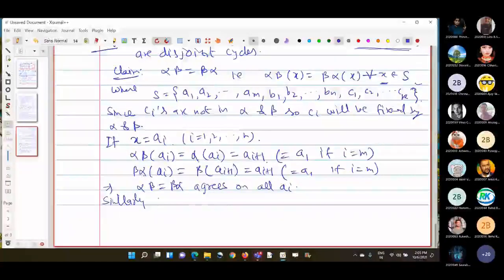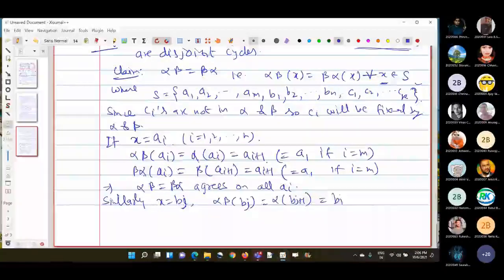Similarly, you can prove it by taking x equals bj. So alpha beta of bj: where does beta send bj? To bj+1. Then alpha fixes bj+1, so this equals bj+1. The other way around also, you can show this.